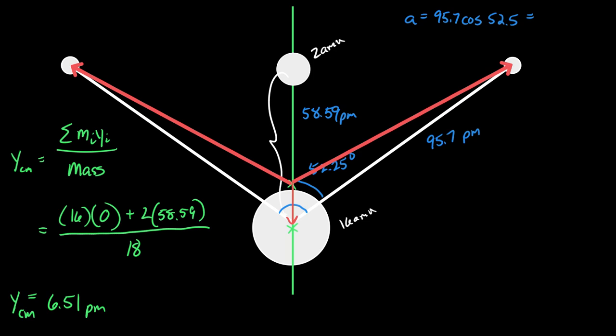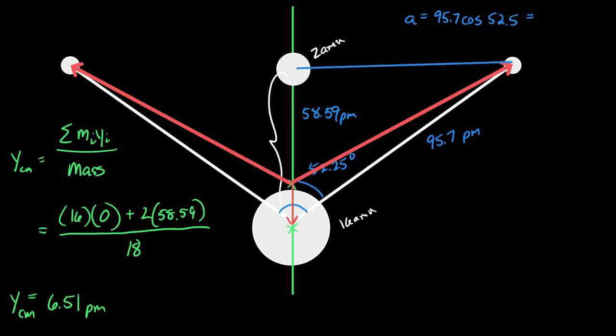Now, probably the right way to do this would be law of cosines. I was not feeling like looking it up, and I hate the law of cosines. So I found this distance next.